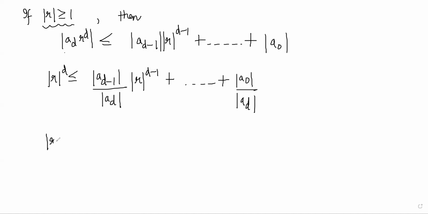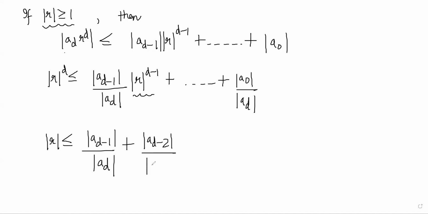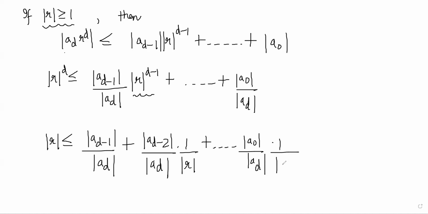And I will get mod of r is less than or equal to mod of a_{d-1} by mod of a_d, and when I divide by mod of r^{d-1} on both sides, this term is getting cancelled. The next term would have been mod of a_{d-2} by mod of a_d, times 1 by mod of r. And similarly, it will be increasing powers of mod of r in the denominator. The last term would have been something like 1 by mod of r^{d-1}, right?